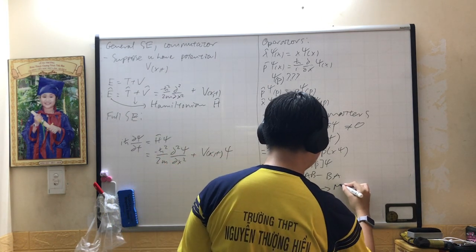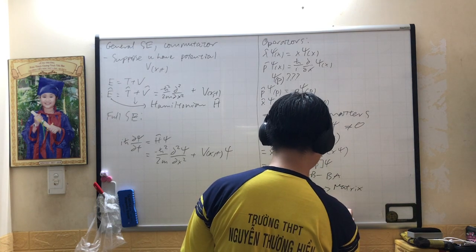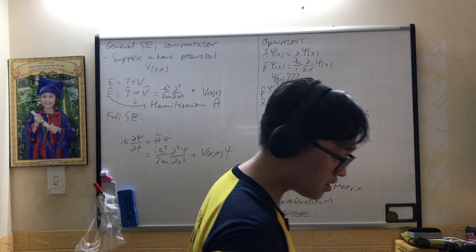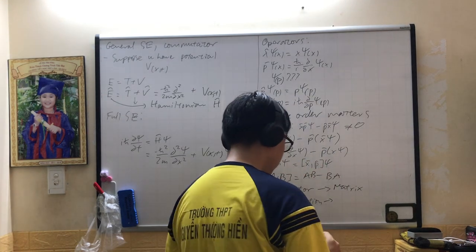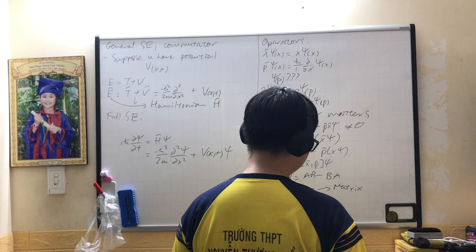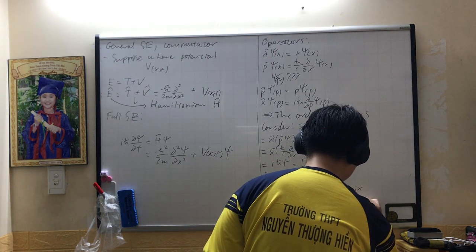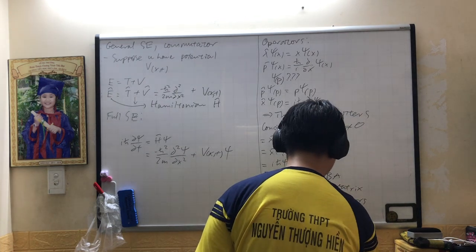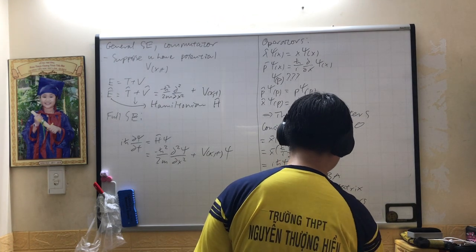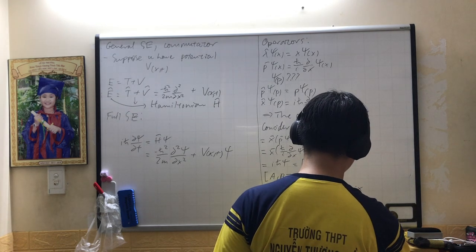Operator would be a matrix, wave function would be vectors. Hence, when you get an eigenstate, some people call them eigenvectors. So these are like vectors, and eigenstates, of course, are eigenvectors.